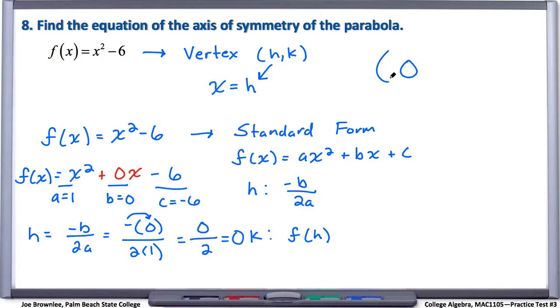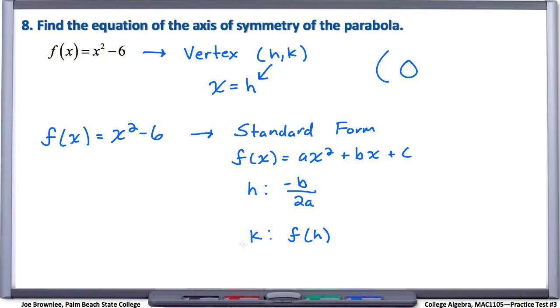Once we have the h value, to find k, all we do is take this h value and plug it into the original equation. Let me erase some of this work here. If you need to copy it down, go ahead and pause the video or rewind, as always. That's the nice thing about YouTube. Now that we have our h value, we plug it into our function and evaluate.